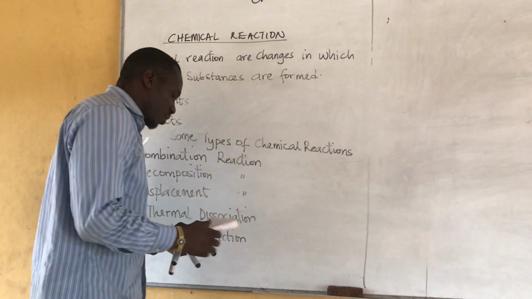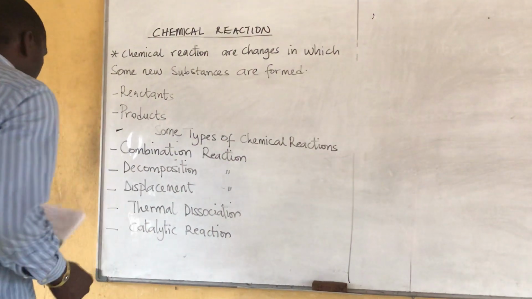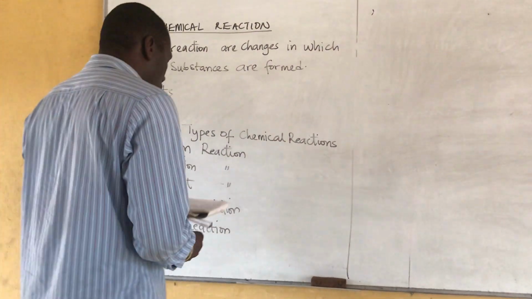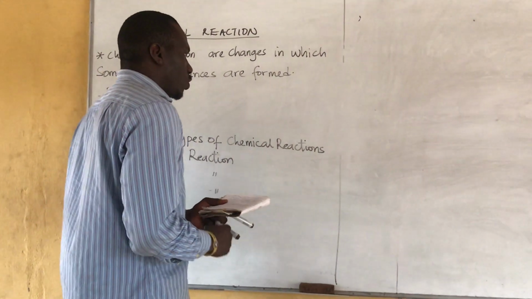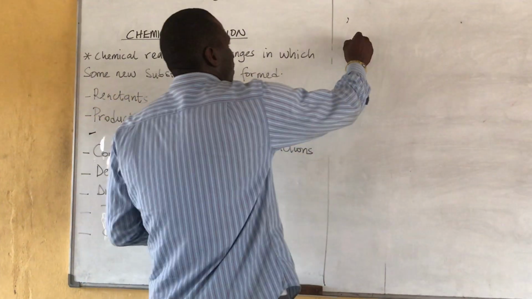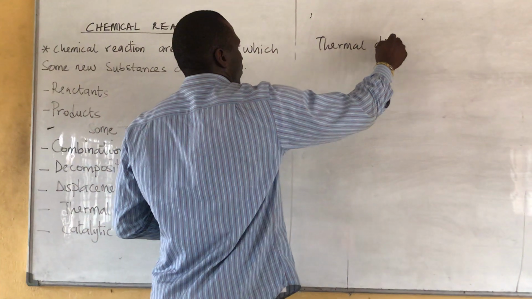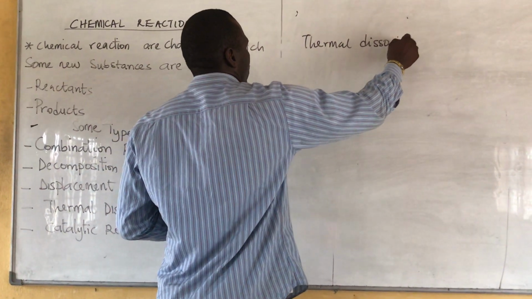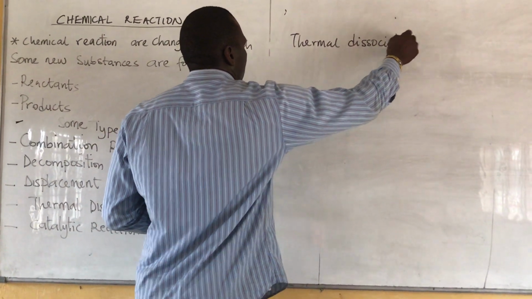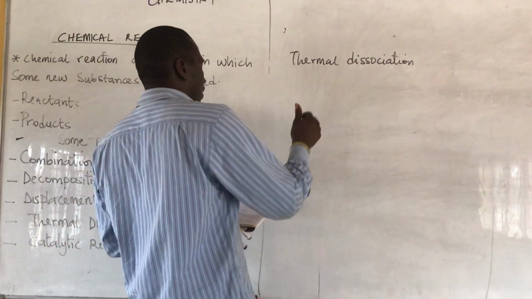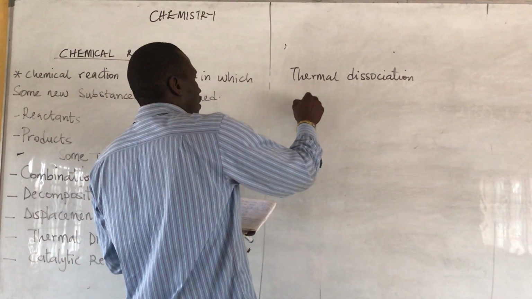So thermal dissociation is the use of heat to split the molecule into 2 or more. Let's see an example of thermal dissociation.